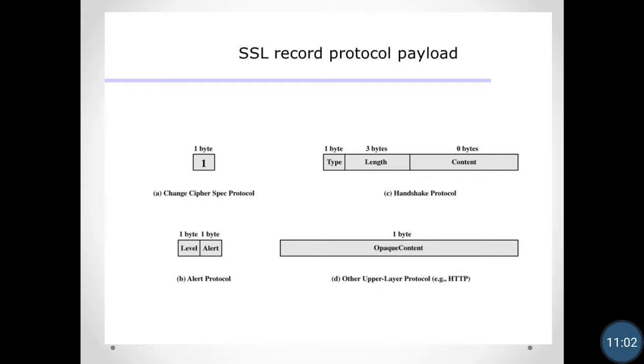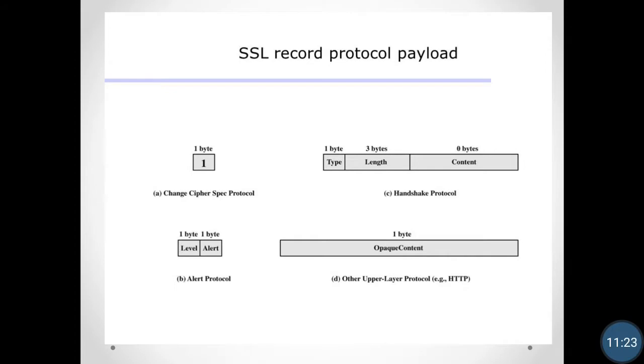After this, in part C, we define the type, length and content of messages sent between server and client during the handshake protocol. As we discussed earlier, it has three parts: type, length and content. Type is 1 byte long, length is 3 bytes and content is greater than or equal to 0 bytes.